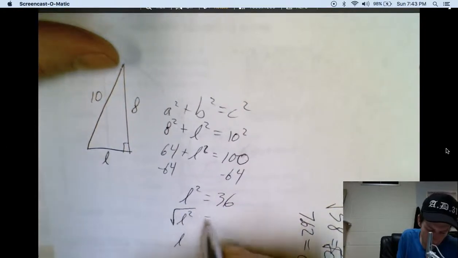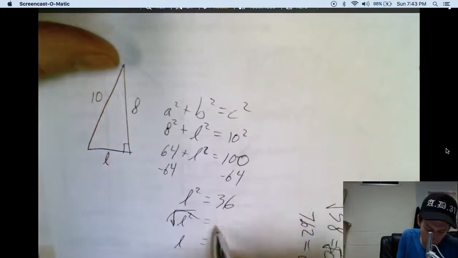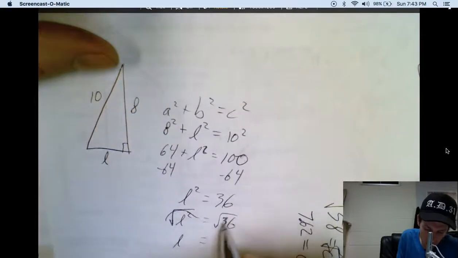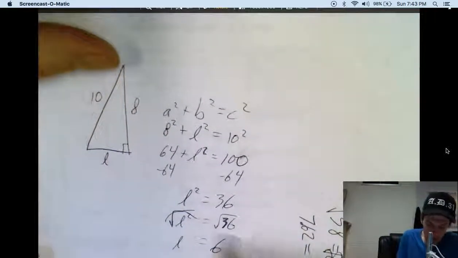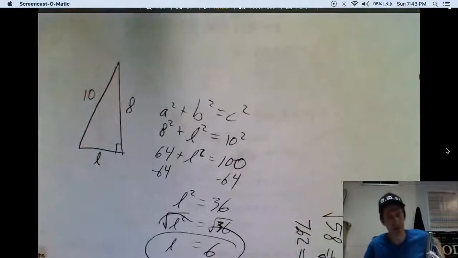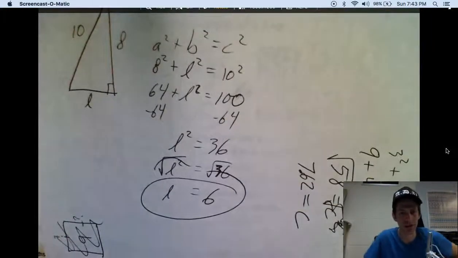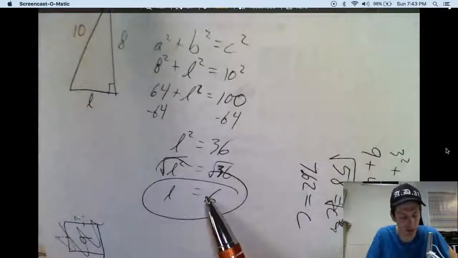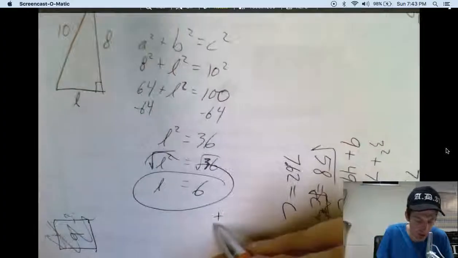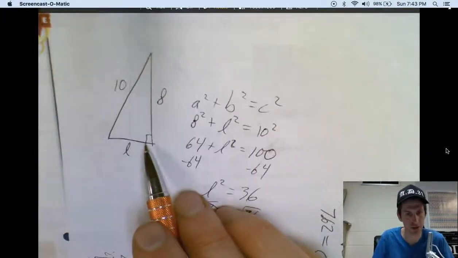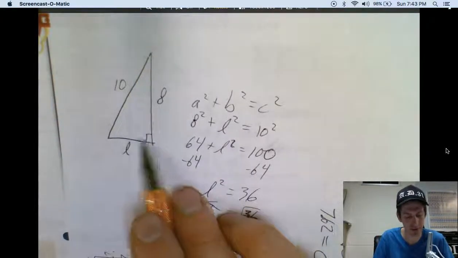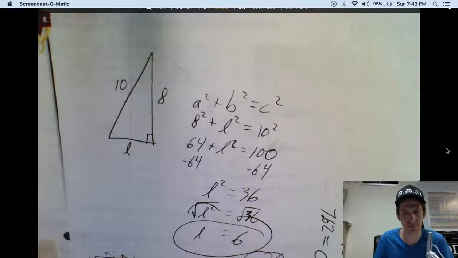That's just going to be L, so those will cancel out. Got to do it to both sides. What's the square root of 36? It's 6. Now, is there a reason I just put positive 6? I did not put plus or minus 6. Yeah, because this is a triangle, and you can't have negative 6 for the length of a triangle.